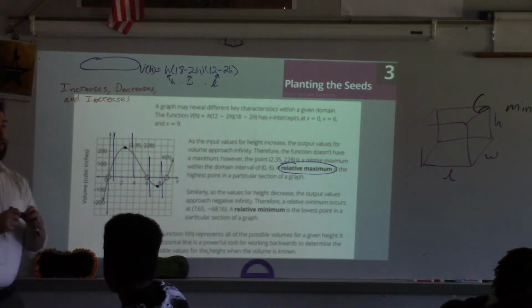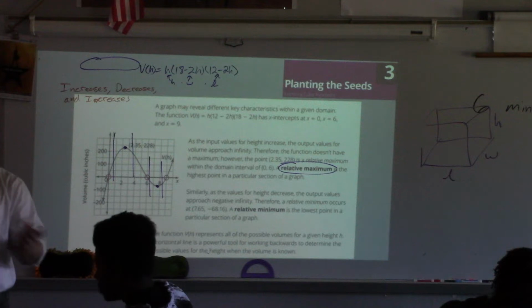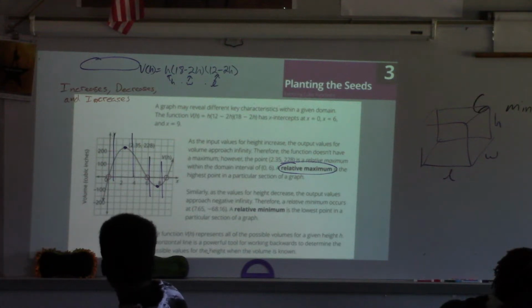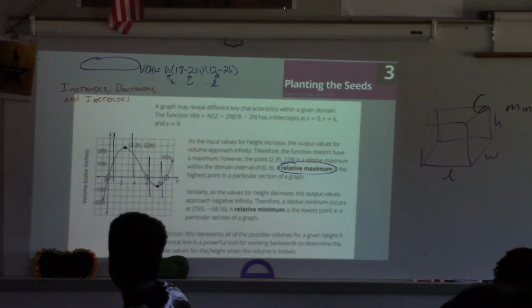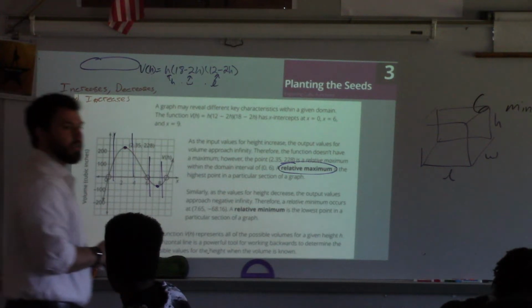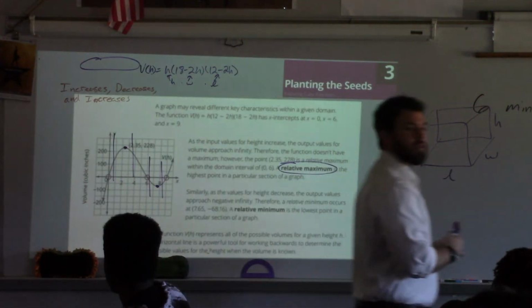So it's not an absolute maximum or minimum, we'll talk about that later, but it is relative. It is the highest or lowest y value for that particular section. You need to know this idea of relative max and min well, which is why it's also on the graphic organizer. You should be able to easily find information about it. Any questions before I continue?